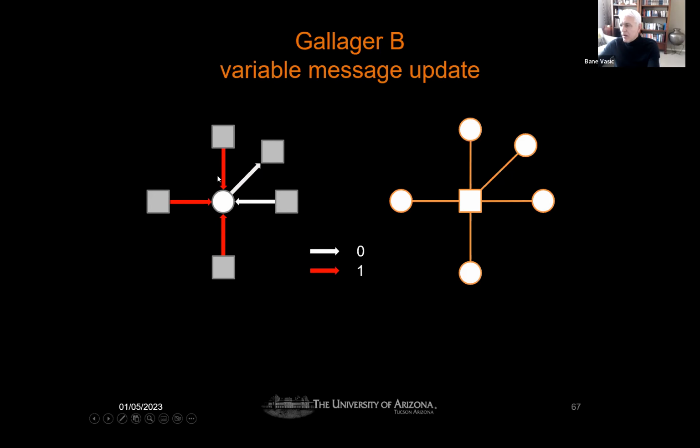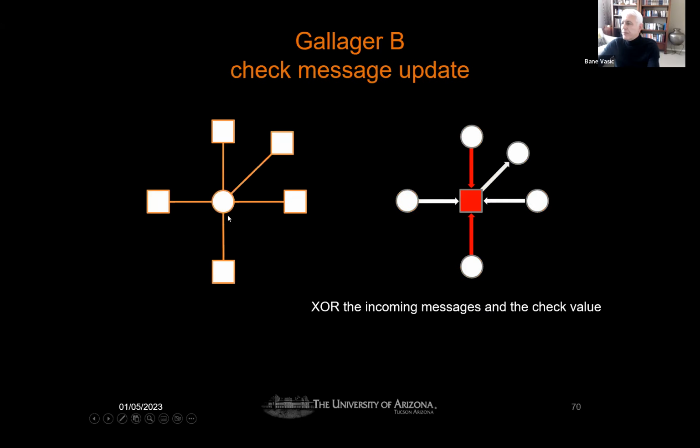So there are 3 reds, and 1 and 1 white, and therefore I send a red message. If there is a tie, as in this case, I just send 0 value.